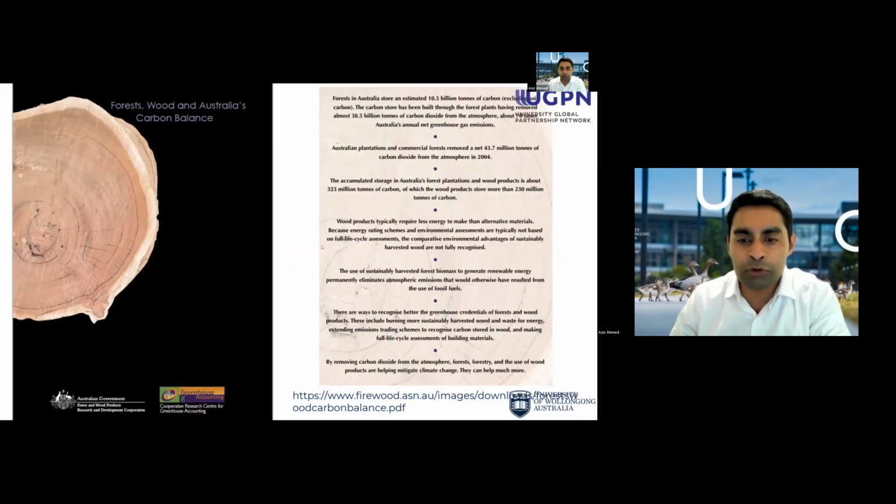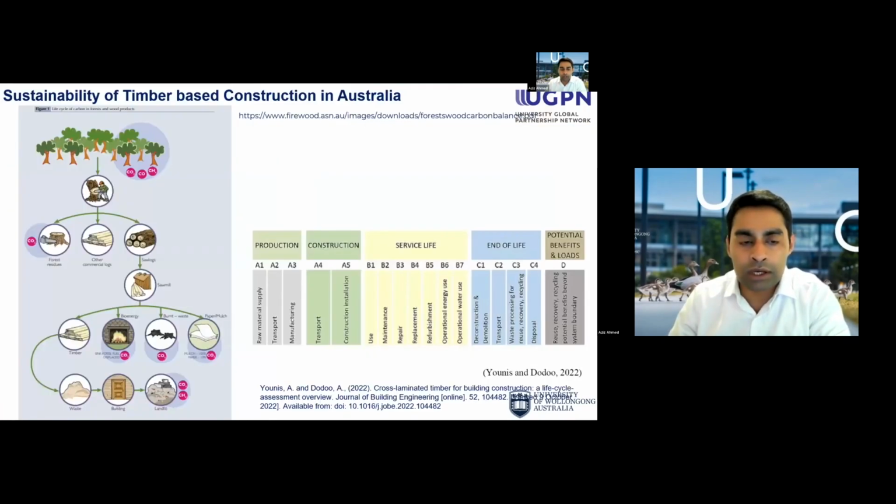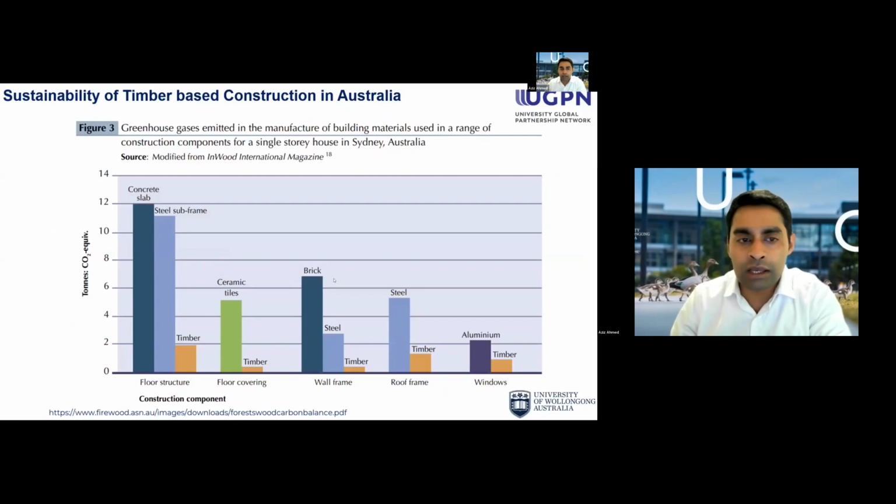Wood and Australia's carbon balance is quite fraught, and the way our standards are set up does not allow, at least this is quite old, so I'm not sure what happened now, but I believe it's still the case. It does not allow us to consider the carbon sequestration that happens in these timber houses, so the carbon storage that happens in the forest or the timber houses.